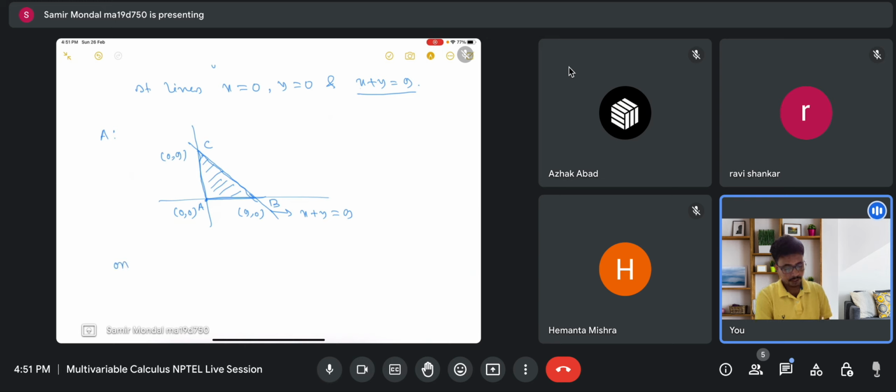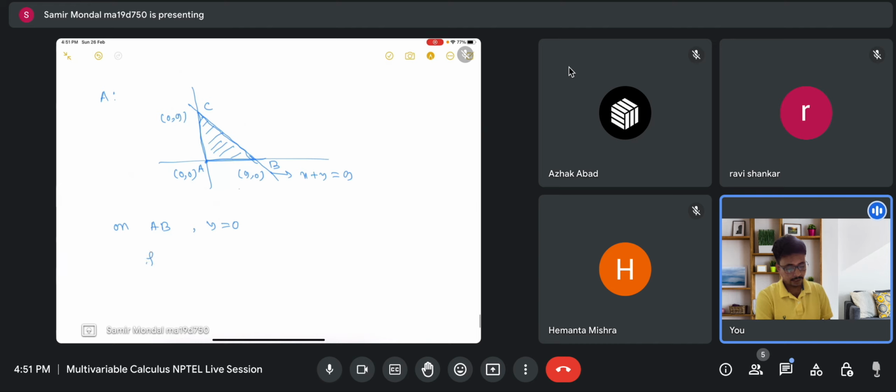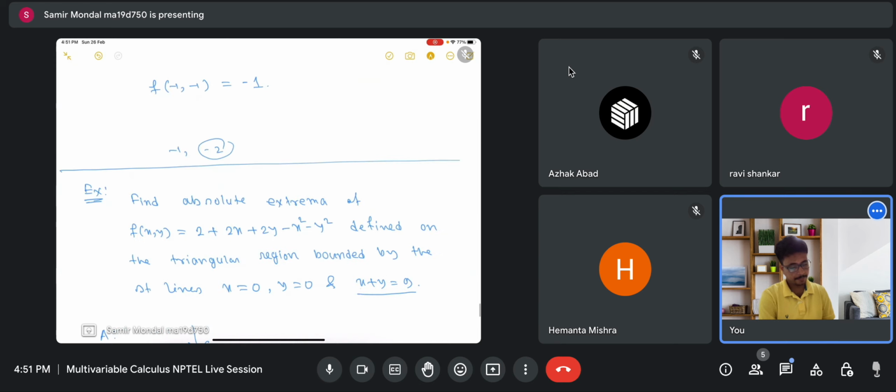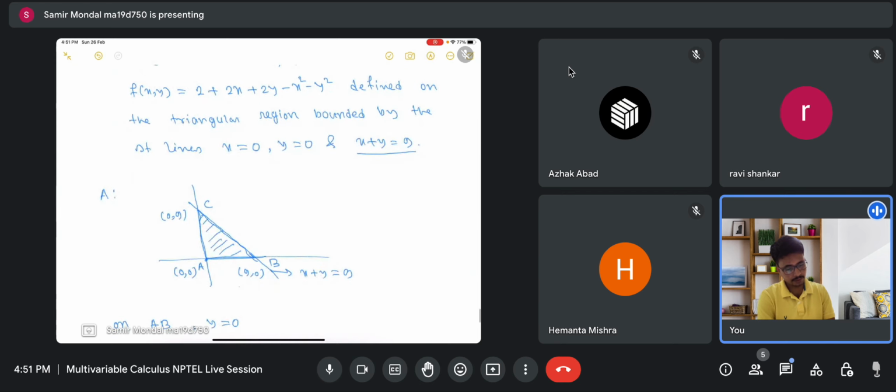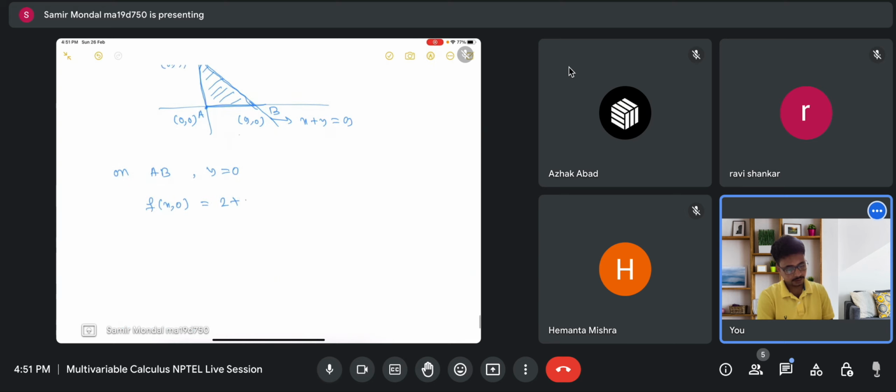So on AB, what is the equation for f? Here y equal to 0. So you are getting f of x comma 0 is 2 plus 2x minus x square, since y is 0 means the y terms will be cancelled. Now it has become a single variable function.